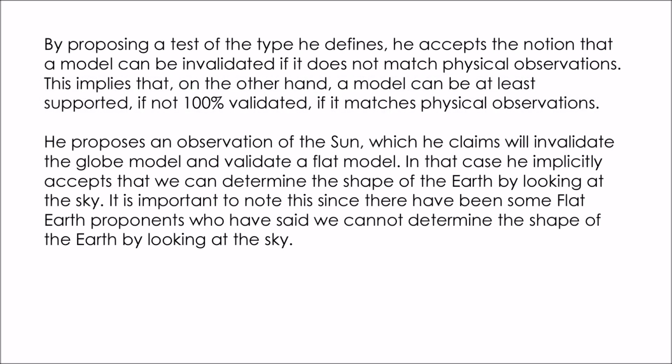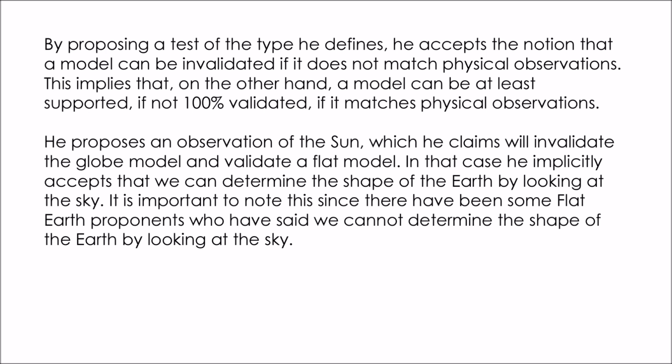A couple of broader points I'd like to quickly make here before going into an analysis of the geometry. By proposing a test of the type he defines, he accepts the notion that a model can be invalidated if it does not match physical observations. This implies that, on the other hand, a model can be at least supported, if not 100% validated, if it matches physical observations.